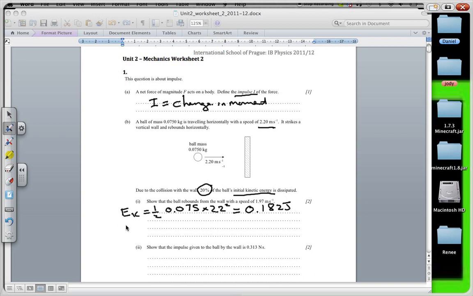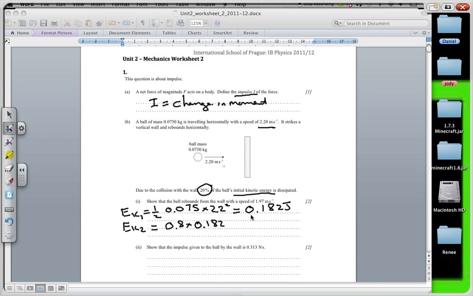Now 20% was lost, so the kinetic energy of the rebounding ball will be that value times, let me call this EK2 and that EK1. So the rebounding would be equal to 0.8 times this 0.182. Please excuse my writing, I'm writing on this pad, which I'm not very good at.